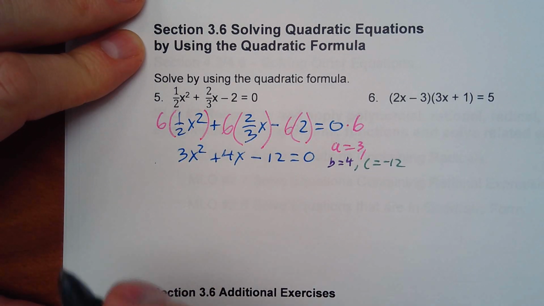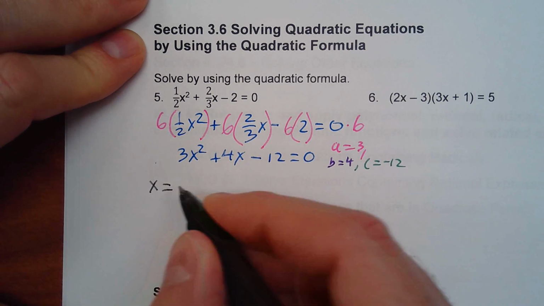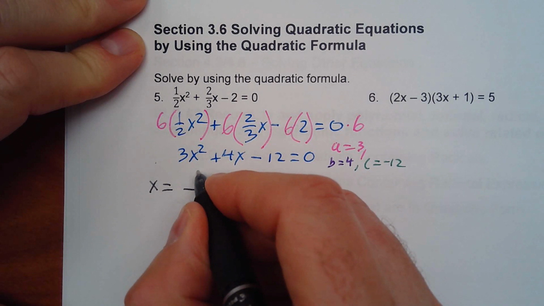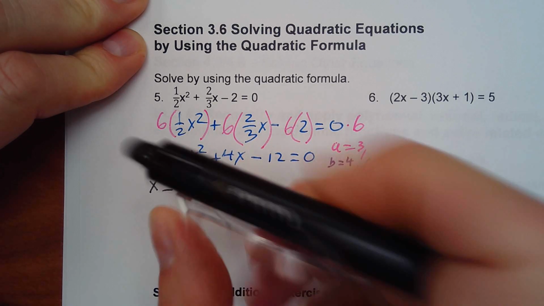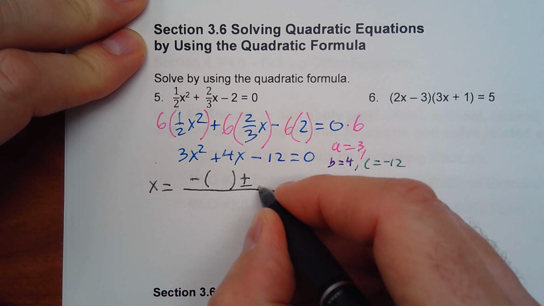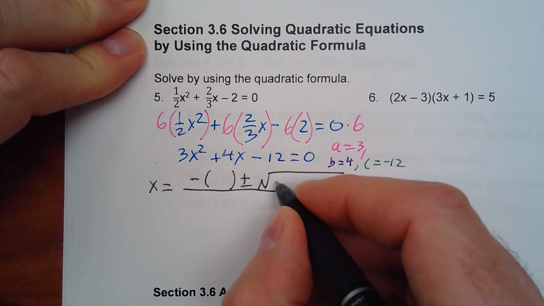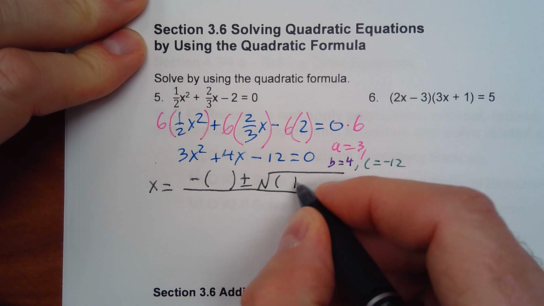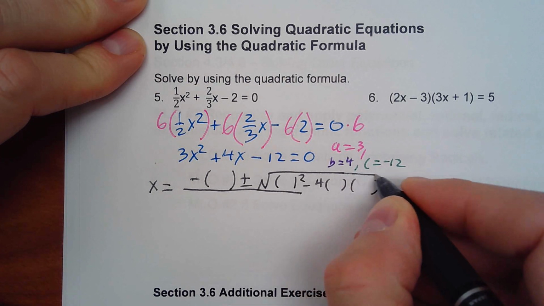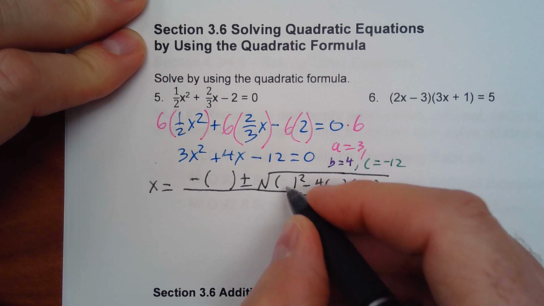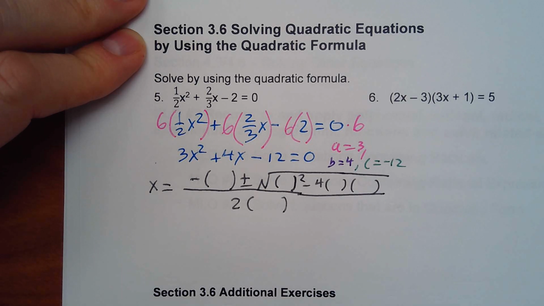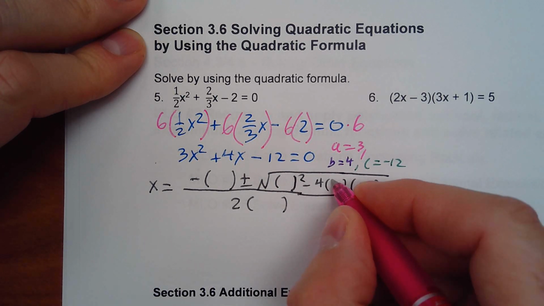And then I'm just going to plug these into my quadratic formula. Here my a is 3.